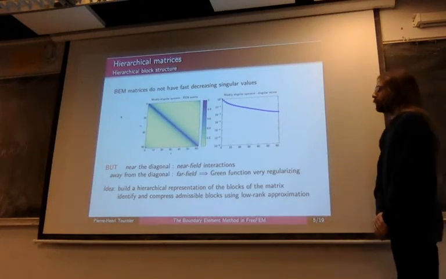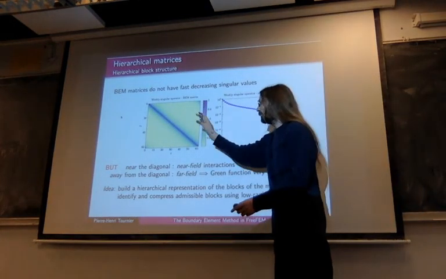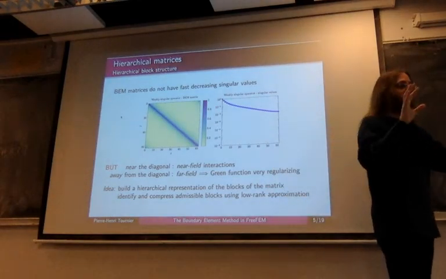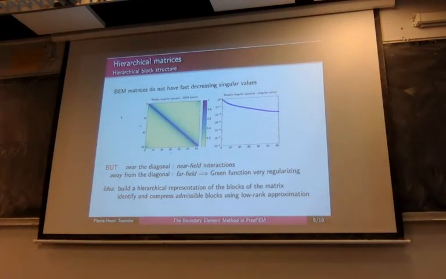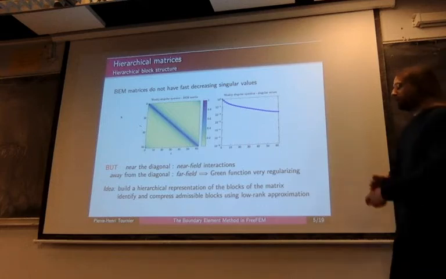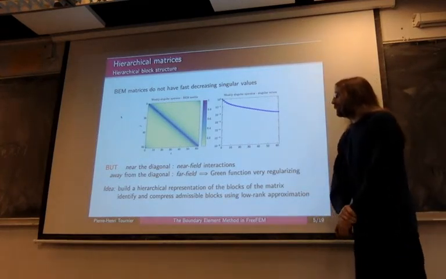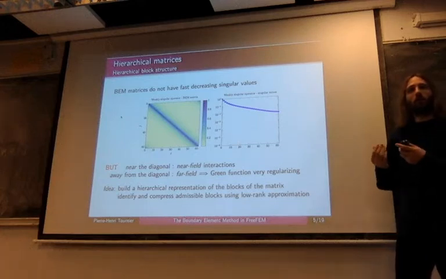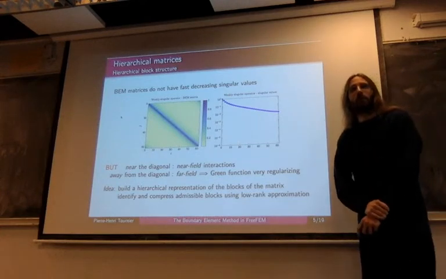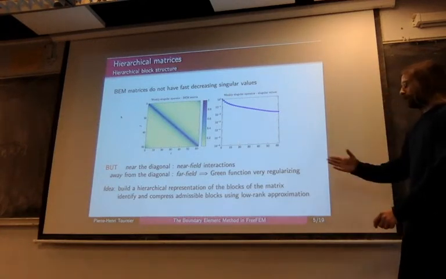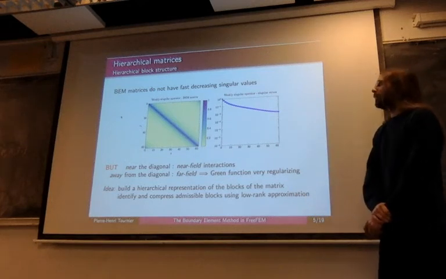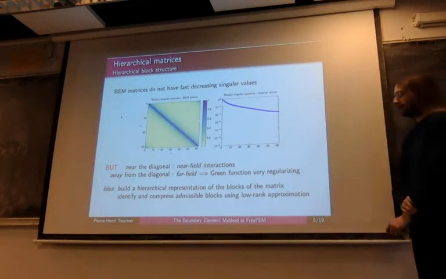And basically, away from the diagonal, you have blocks that correspond to far field interactions, basically interactions of two sets of degrees of freedom that are far from each other in the mesh. And so this is actually very well represented by a low-rank approximation, because the Green function inside the integral kernel is very regular in this case.